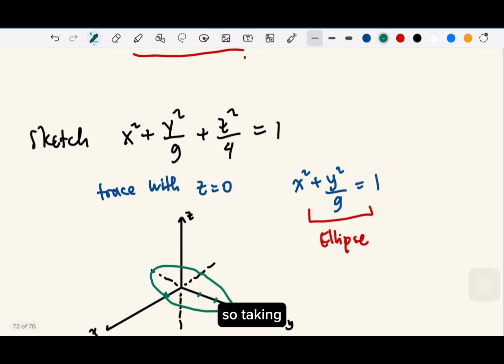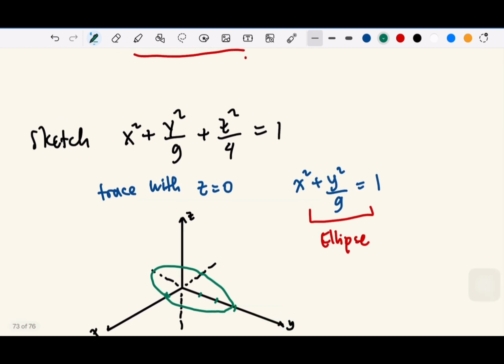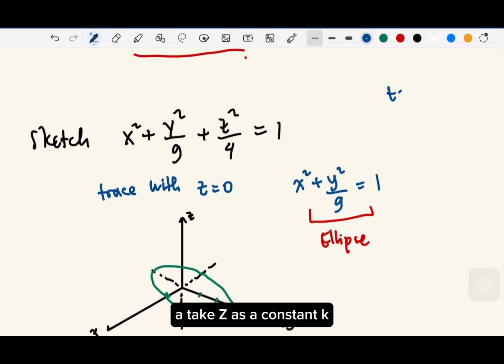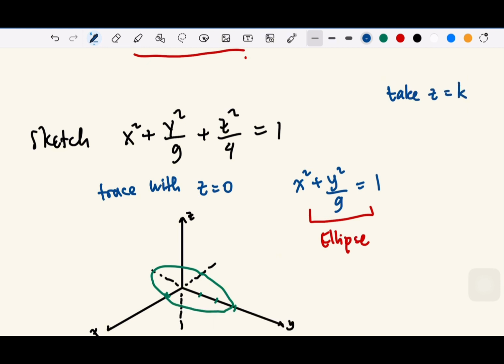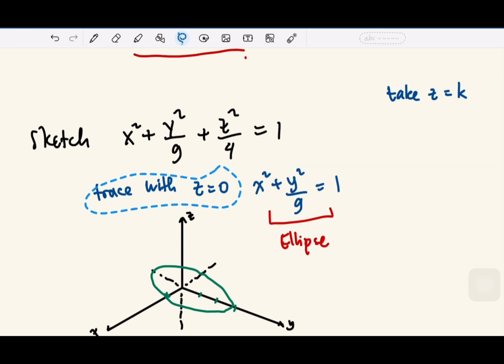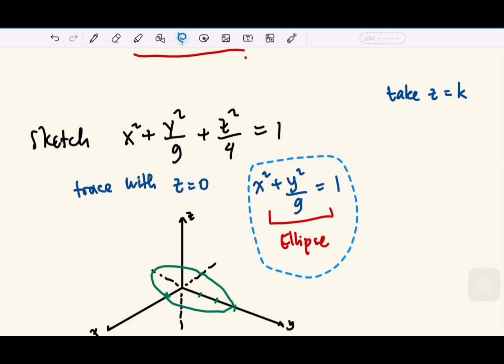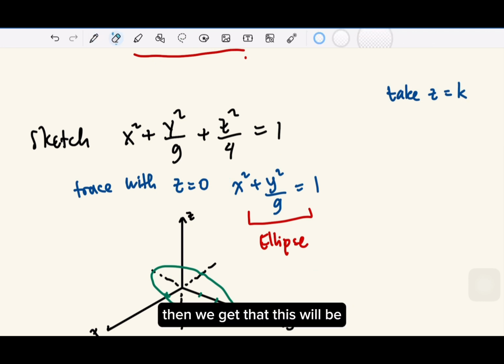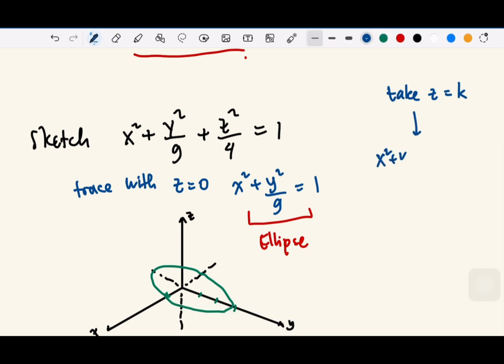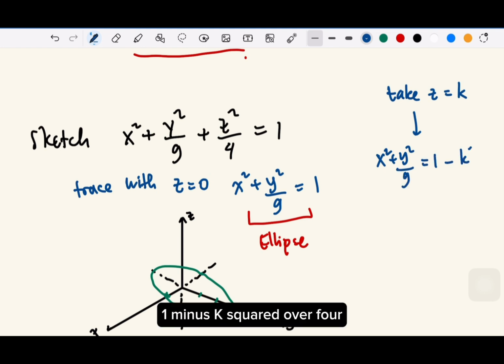So taking z as a constant k, then we get that this will be 1 minus k squared over 4.